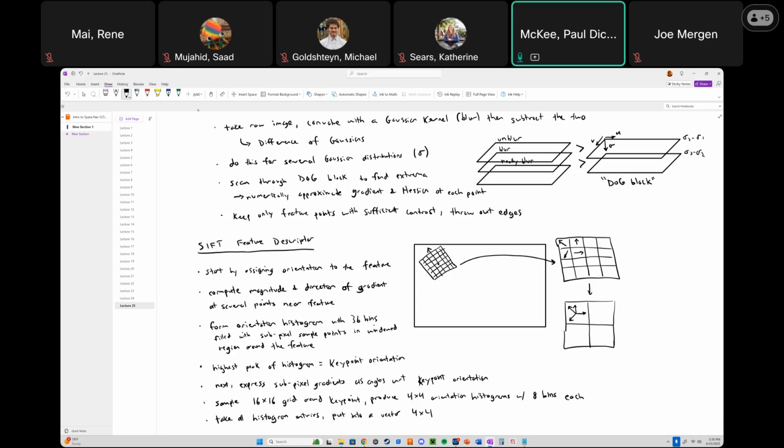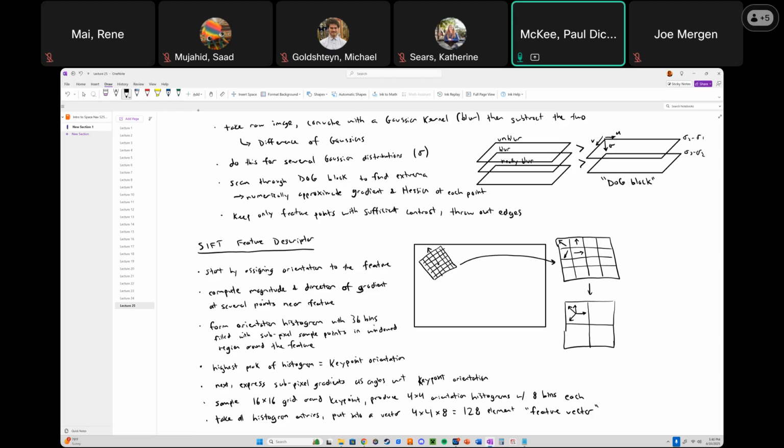So if we're going to keep track of the number of votes in each bin, and there's 8 bins and 4x4 histograms, that means there's 4 times 4 times 8, which is 128 element feature vector. So this is not a vector in 3-dimensional space, it's a vector in 128-dimensional space. You could think of it that way. Where now we've got a 128 number long descriptor for this particular key point.